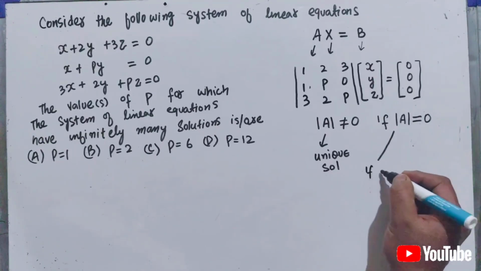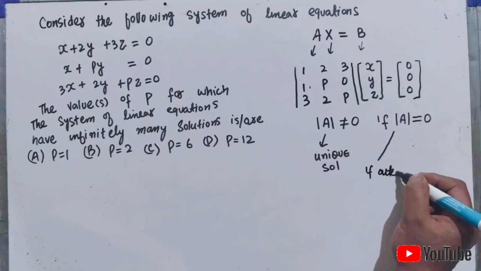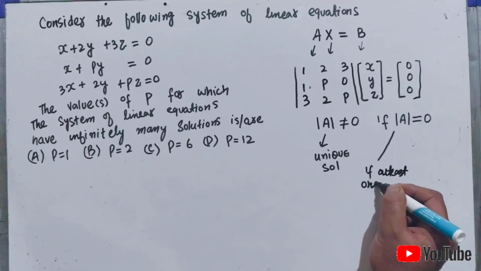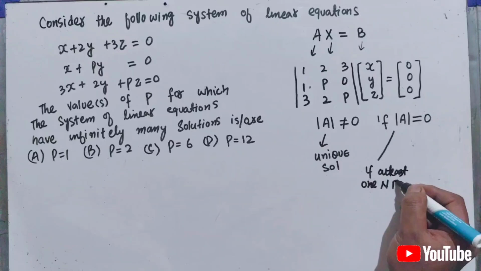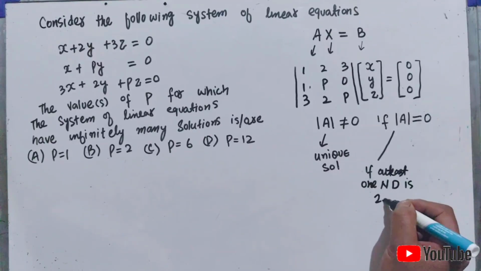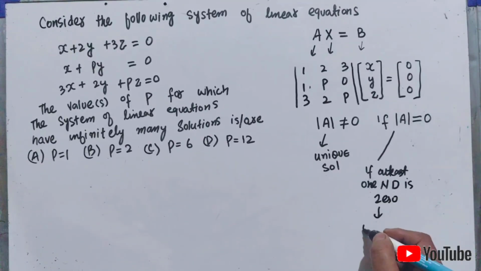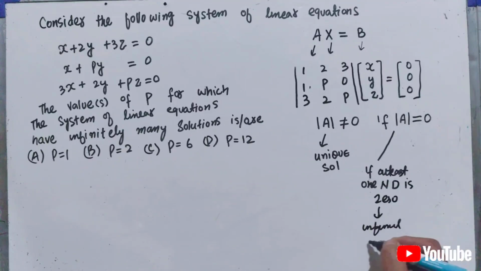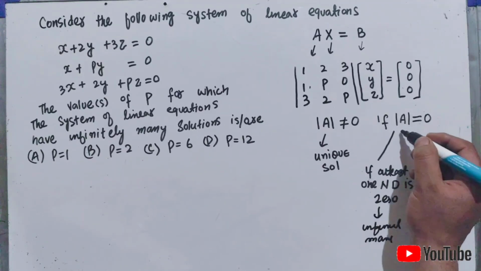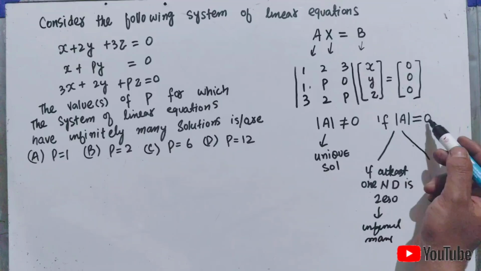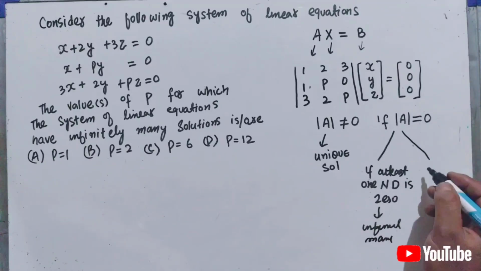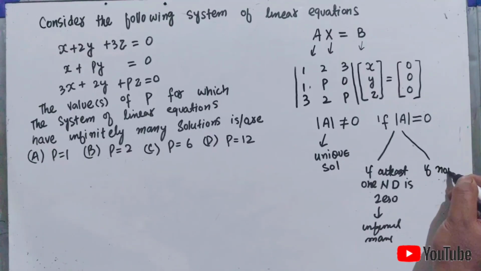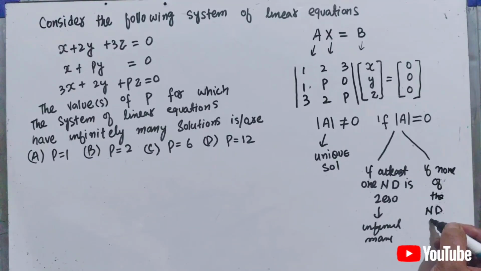If at least one numerator determinant is 0, we have infinitely many solutions. And if the determinant of A is equal to 0 and none of the numerator determinants is 0, then we have no solution.